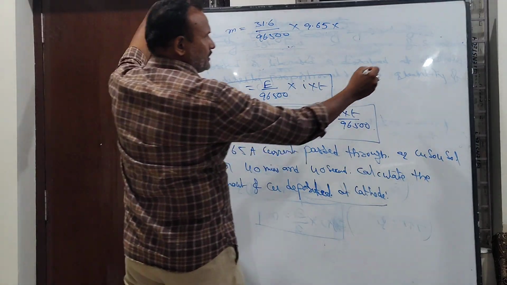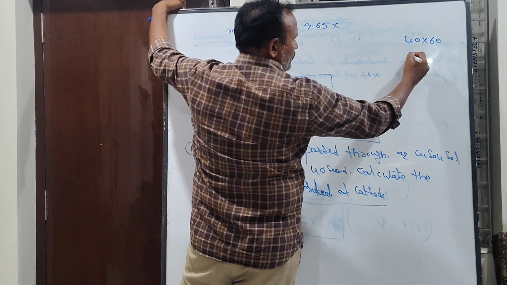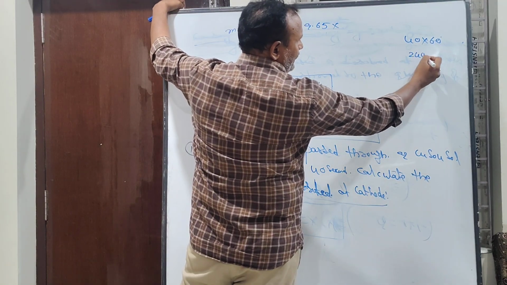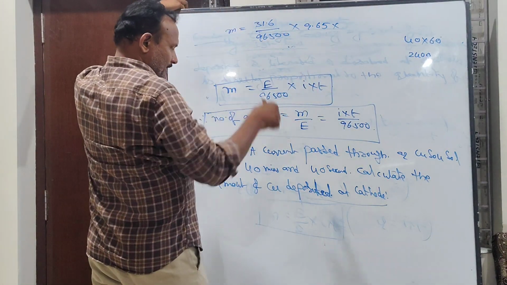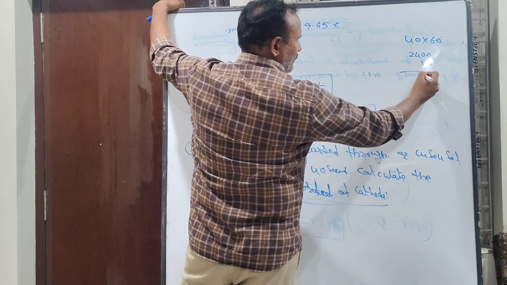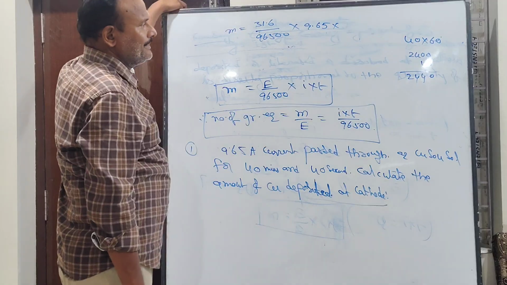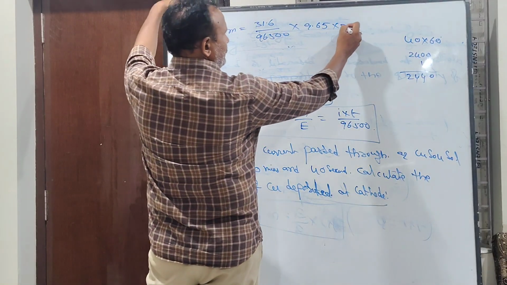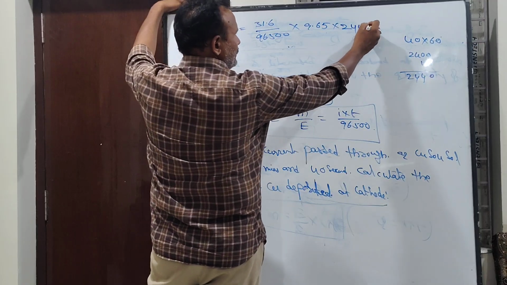Time, calculate now here. 40 minutes means 40 into 60, that is 2400 seconds. Again plus 40 seconds you can add, it becomes 2440 seconds time. So always convert into seconds only, total time, right?